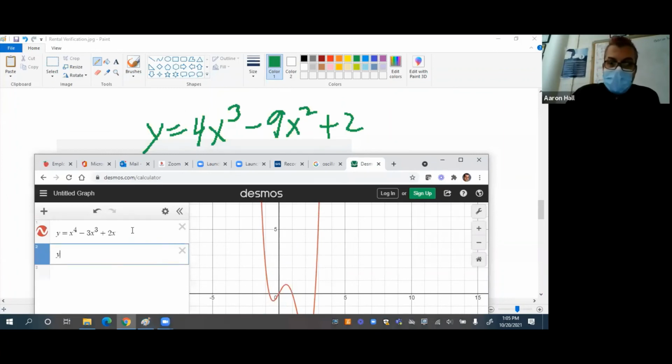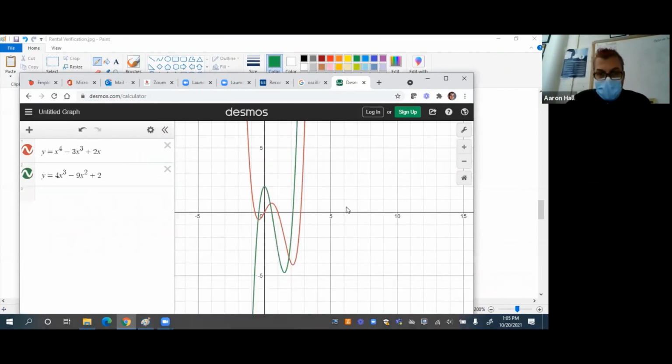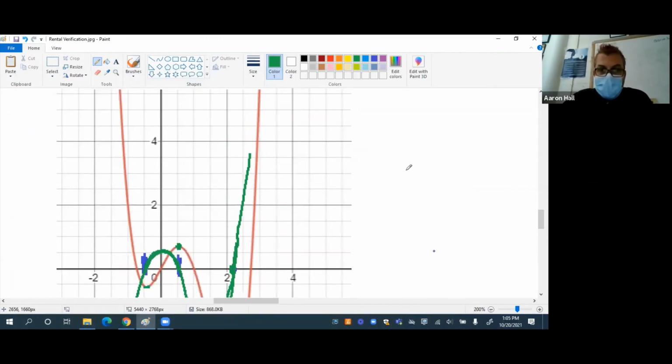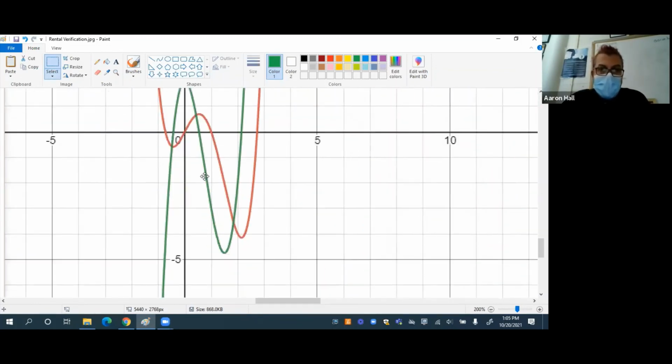So y equals 4x cubed minus 9x squared plus 2. And I'm just going to cut this and paste it in here so that we can compare how we did.